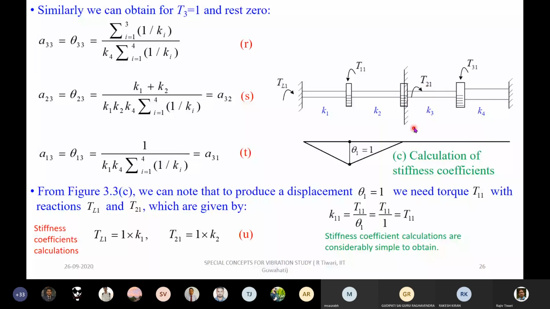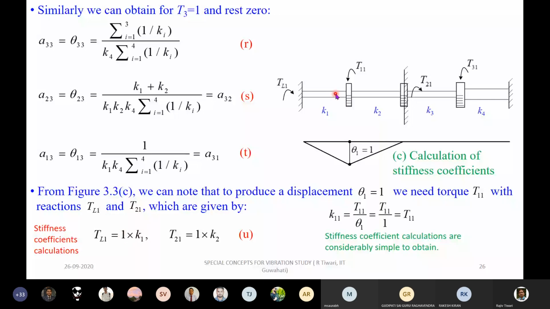So if you see the left part of this, it is the torque which is applied, and the displacement of this is 1. So that displacement into the stiffness of the first shaft segment will give me this torque.